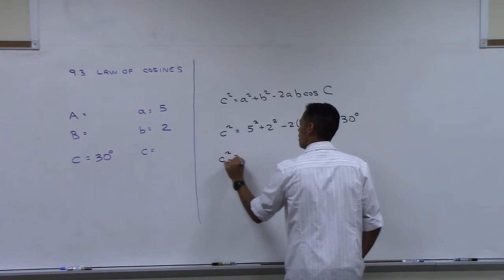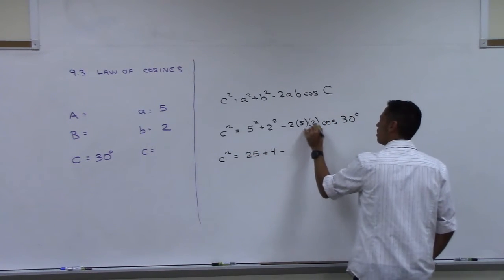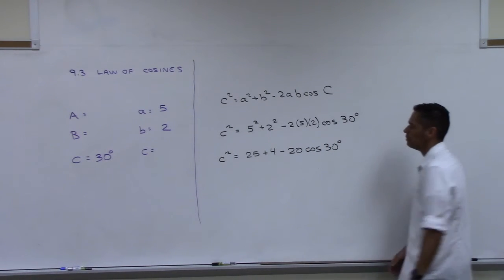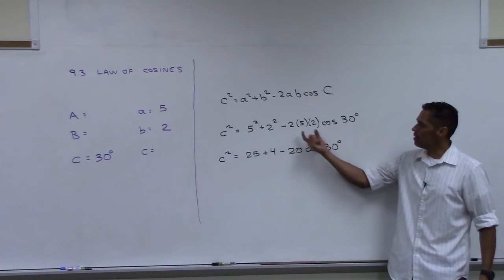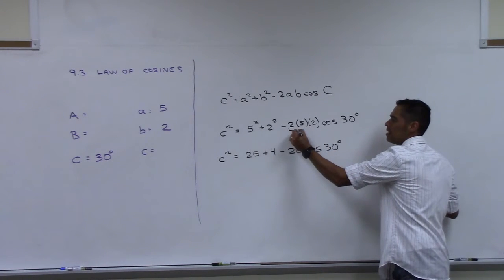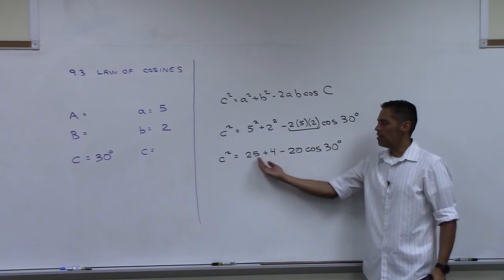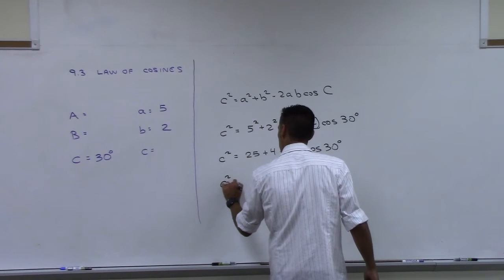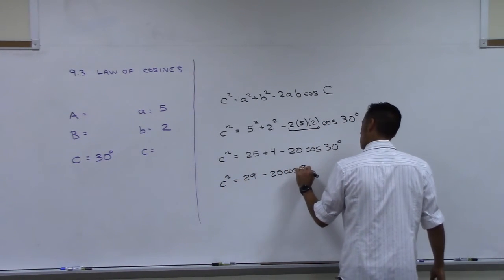So c squared is 25 plus 4 minus 20 cosine 30. I'm making sure I do order of operations correctly here. I can multiply all these together, and I square those, but I can't combine all those numbers. I can only combine these two. So c squared is 29 minus 20 cosine 30.